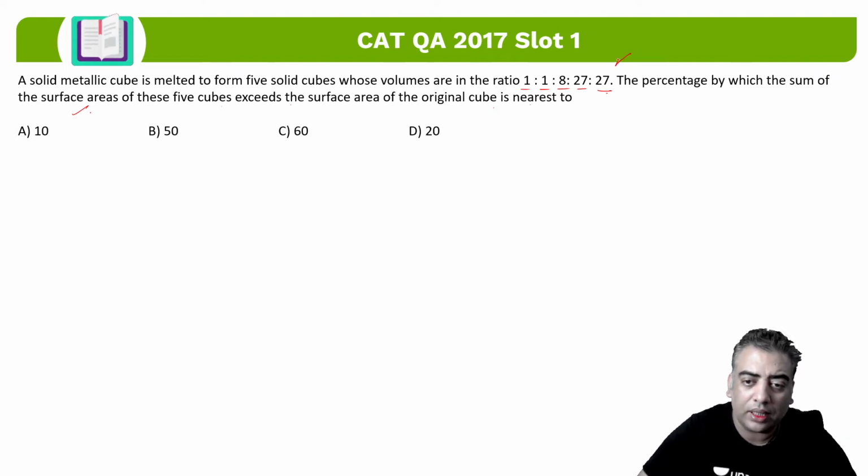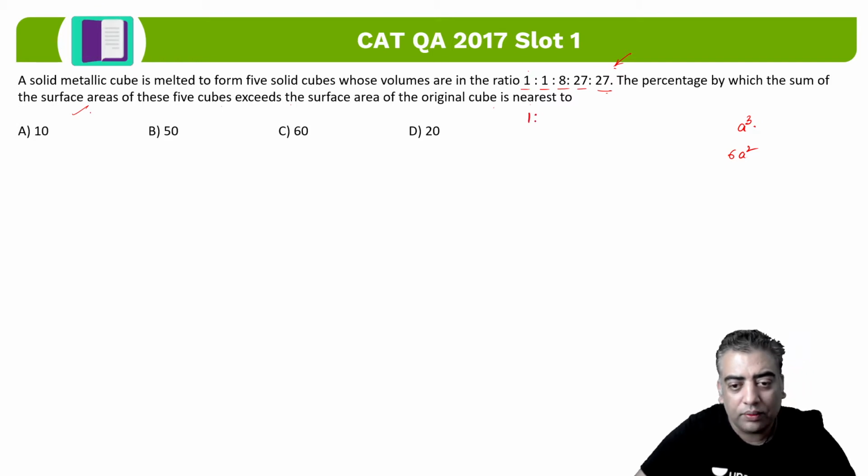As we are given the ratio between volumes of cubes, and we are required a ratio between the sum of surface areas, where the surface area of a cube is 6a². So in order to do this calculation, I must take the cube root first, which will give me a ratio between the sides of the cubes.